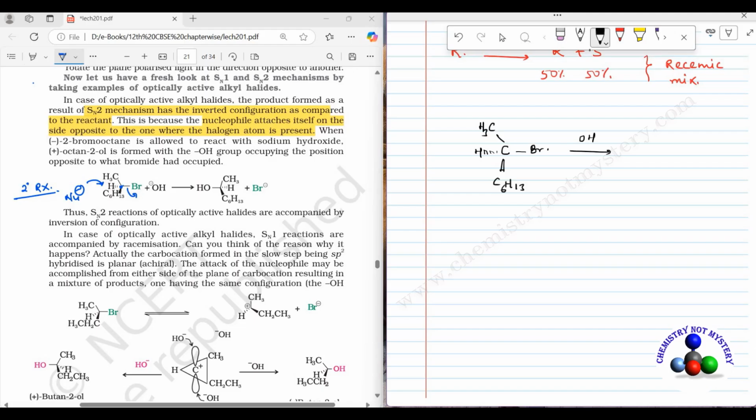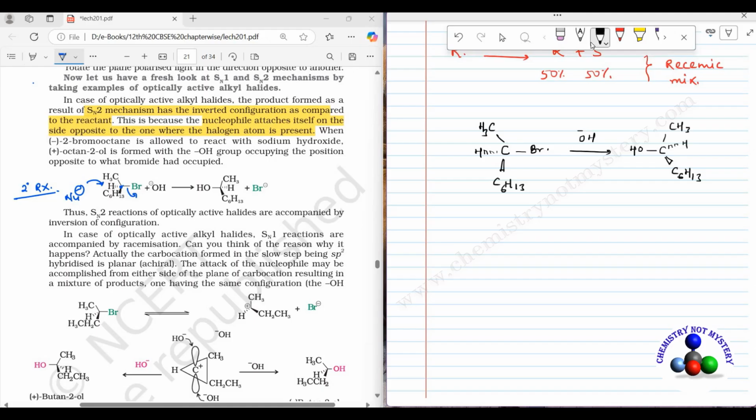When the OH negative ion attacks from the back side of the molecule, you will get the carbon where OH gets attached on this side. This is the front bond C6H13, here this is hydrogen and here it is bonded to CH3.